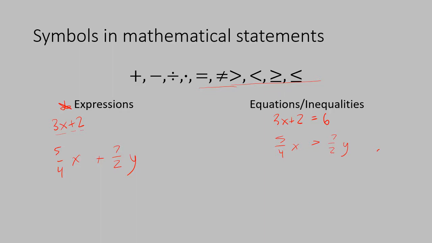If you're not familiar with these, this is a greater than sign. It means the thing over here is greater than the thing over here. And then this is greater than or equal to, so that means the thing on the left could be greater than the thing on the right, or they could be the same. And then these are less than and less than or equal to. This not equal to sign is really not used that often.